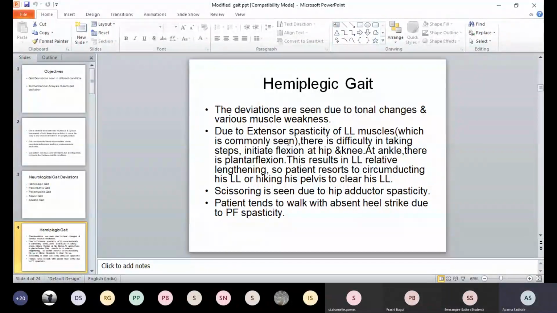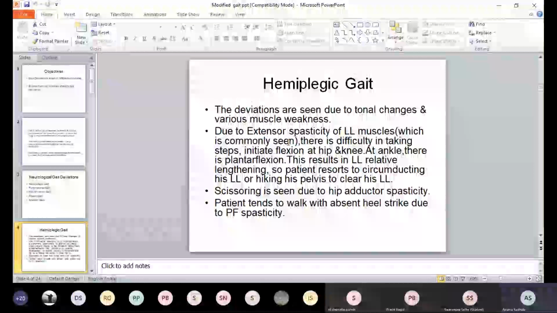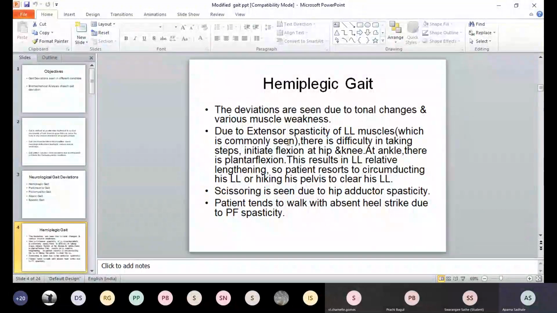And therefore clearing the leg from the ground becomes difficult. So there is apparent lengthening, we say. Next, scissoring is seen due to hip adductor spasticity, and patients tend to walk with absent heel strike.